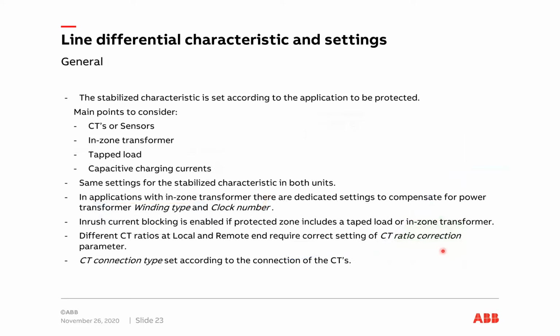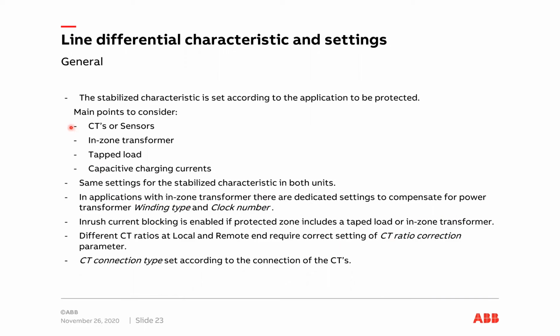So when thinking about the stabilized characteristic, there are quite many things that we need to consider. The main thing is that first of all, we need to look at the application in general.